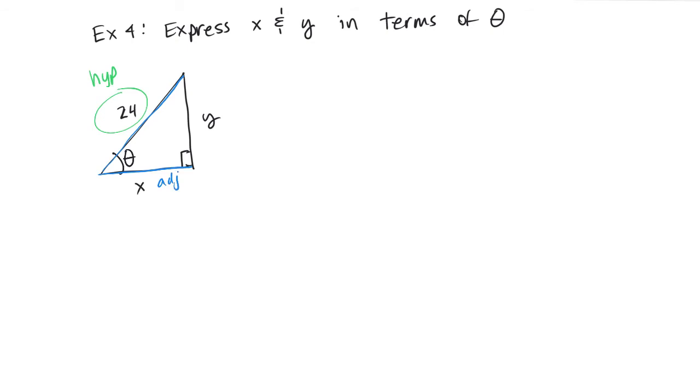Okay, so then I think about SOHCAHTOA. Okay, I have adjacent and a hypotenuse, so that is telling me adjacent over hypotenuse. I should use cosine. So I have cosine of theta would be adjacent, which is x, over hypotenuse, which is 24.